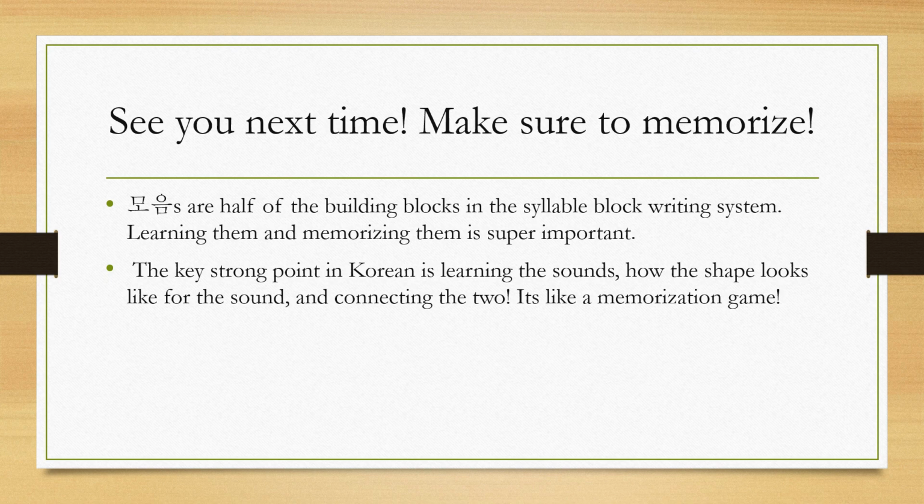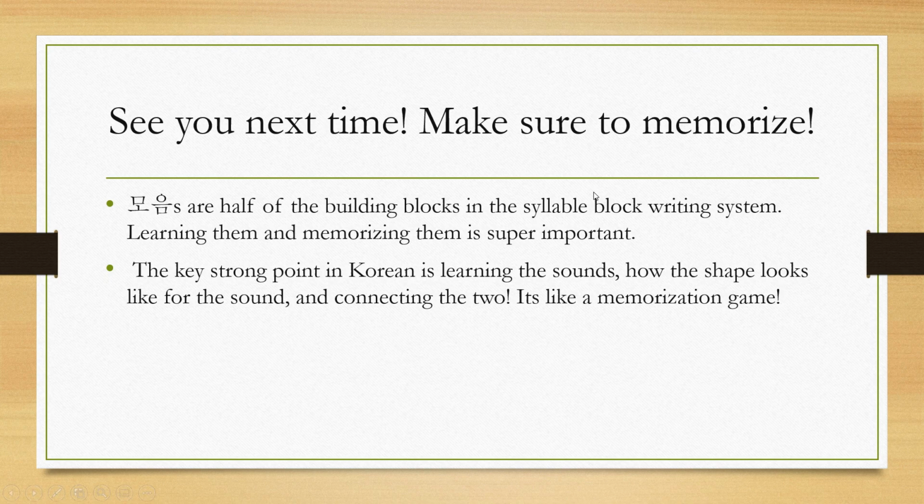The key strong point in Korean is learning how the shapes and the sounds match. It's a memorization game. It's a mix and match. So make sure you memorize a, ya, o, yo, u, yu, eu, i.